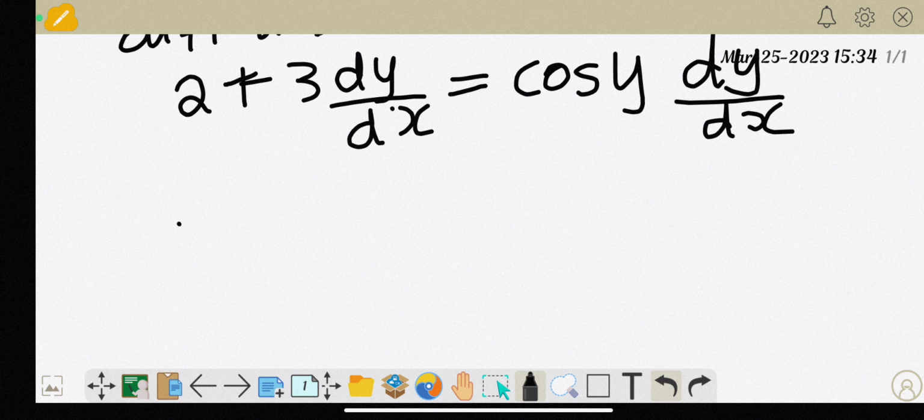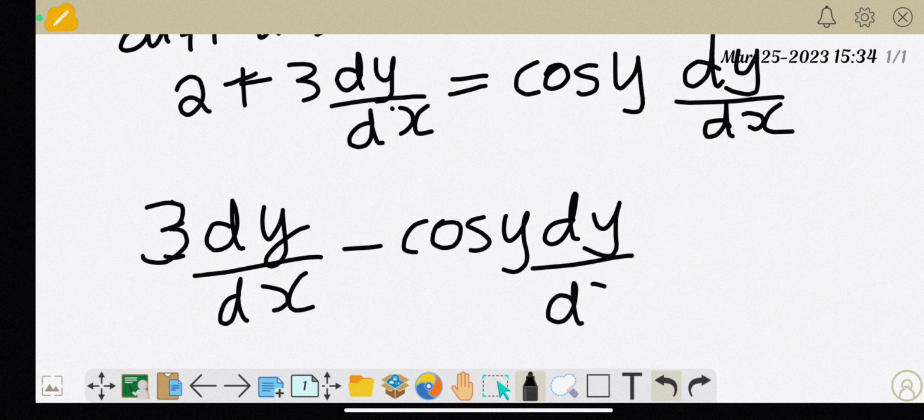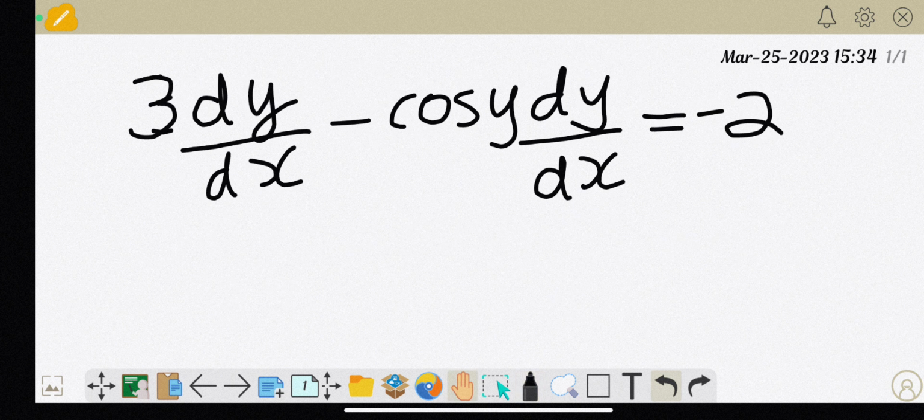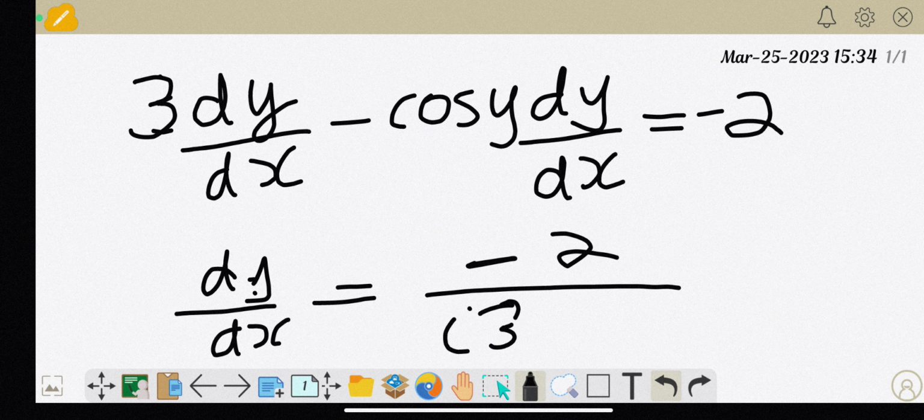So now what I can do is make a group of like terms. Minus 2, then dy by dx is common, correct, which is equal to minus 2 divided by 3 minus cos y, correct.